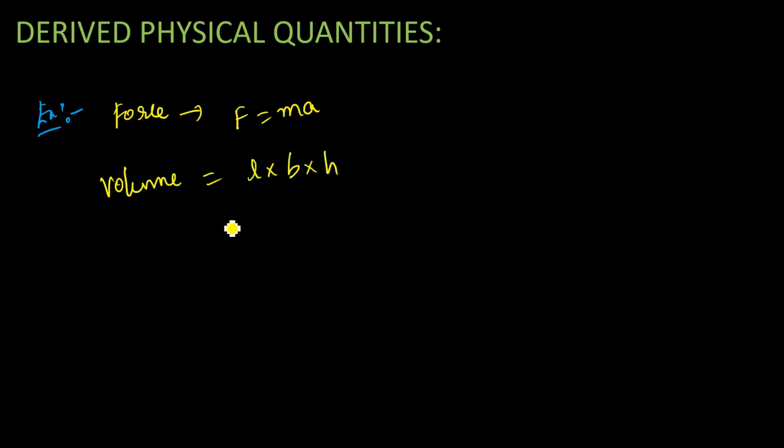So this volume can be derived from the remaining physical quantities, that is length, breadth and height, which is nothing but length only. And next we can also take momentum, which is mass into velocity. Like that, there are so many examples we can consider for the derived physical quantities, right?